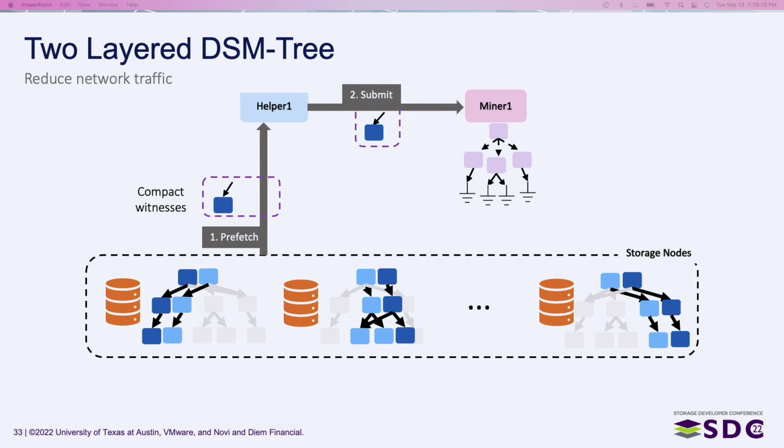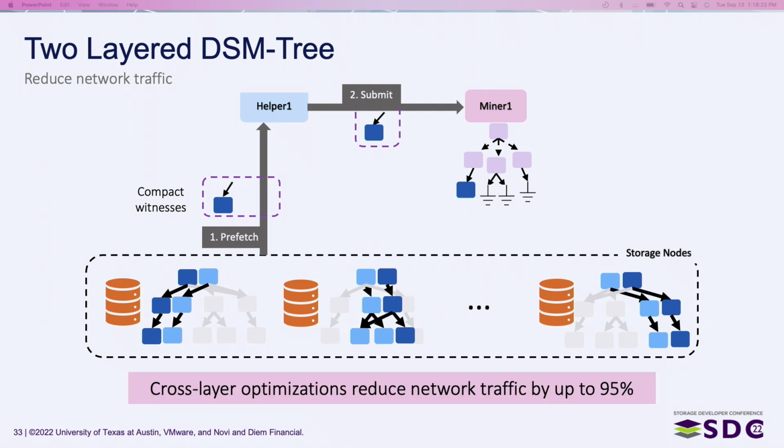Miners using these compact witnesses and their private in-memory cache can construct the entire Merkle path required for executing this transaction and can execute it successfully. Such cross-layer optimizations from the DSM-TREE data structure reduce the network traffic by up to 95% in RainBlock.